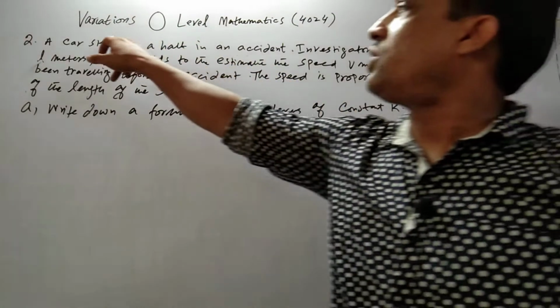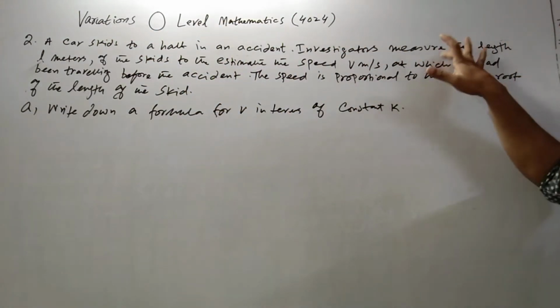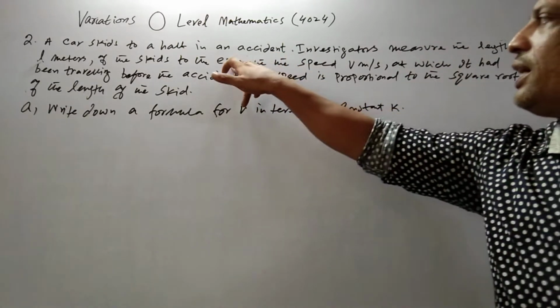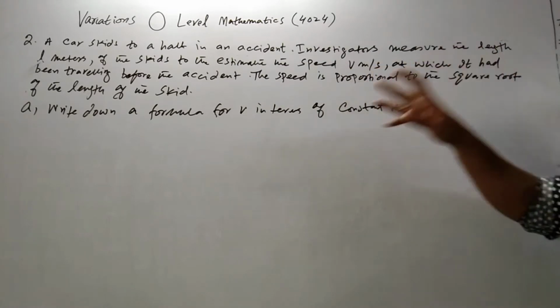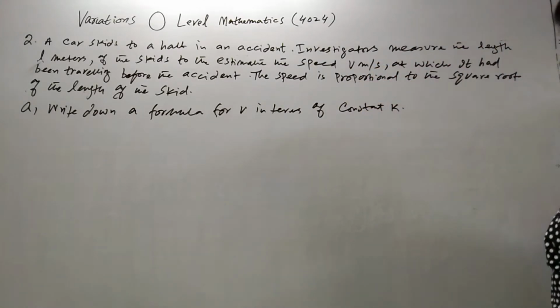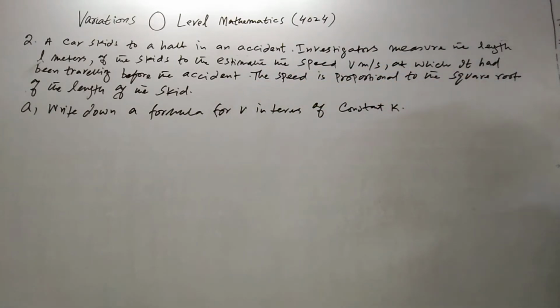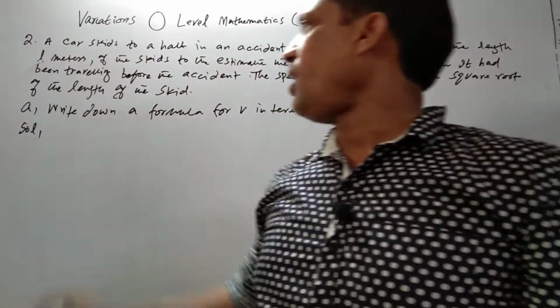A car skids to a halt in an accident. Investigators measure the length L meters of the skid to estimate the speed V meters per second at which it had been traveling before the accident. The speed is proportional to the square root of the length of the skid. So the first part solution is very easy.